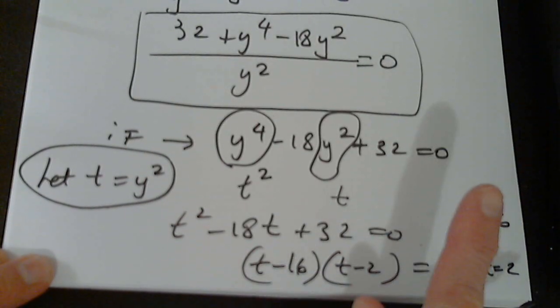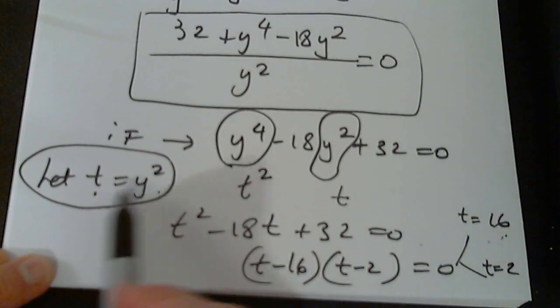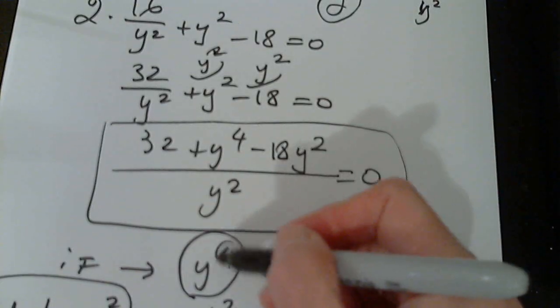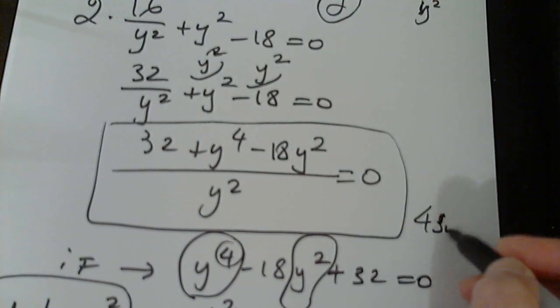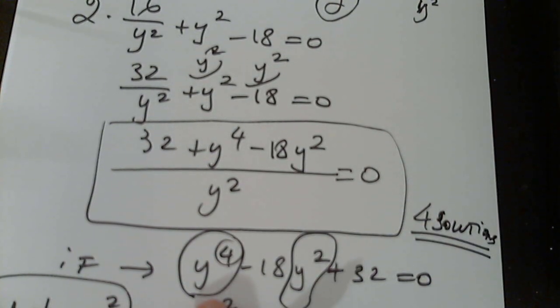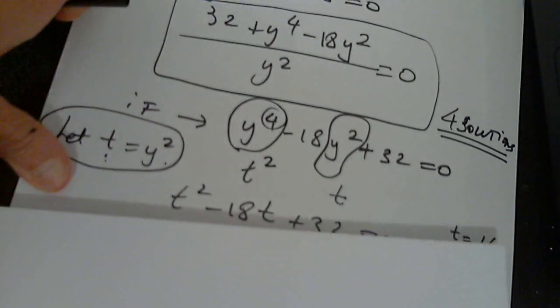Is it done? No. Because now I have t, which is 16. So y squared equals 16. Since the degree is 4, I expect 4 solutions. So therefore now we are going to establish 2 new equations.